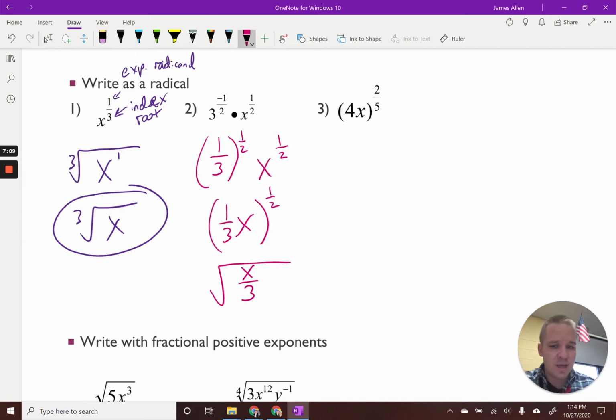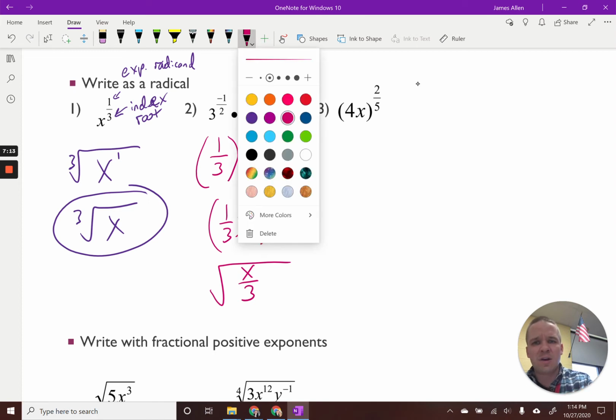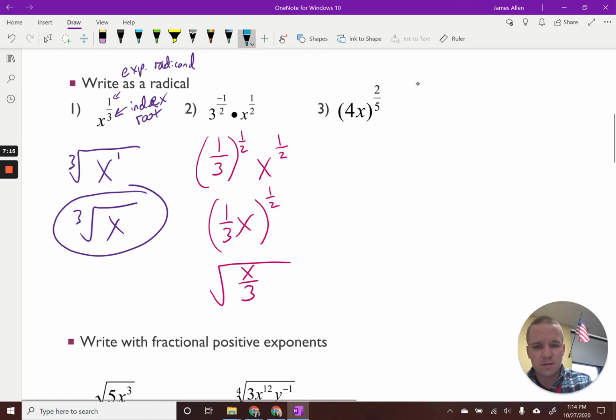But technically speaking, if we're going to simplify, I'm going to do that in another color here. What if I were to simplify? So this will be the simplify color. All right. Well, to do that, I can't leave any radicals in the denominator, and right now I have a root 3 in the denominator since the whole fraction's inside there.